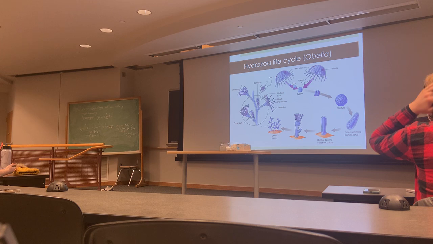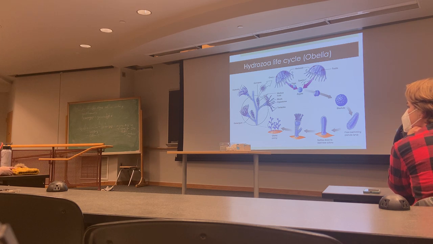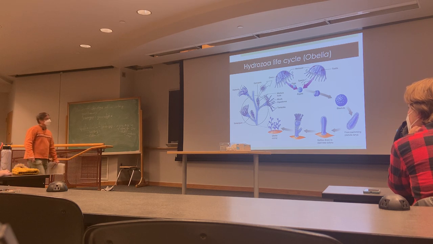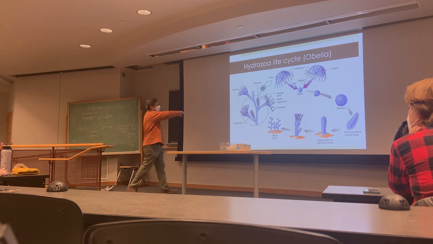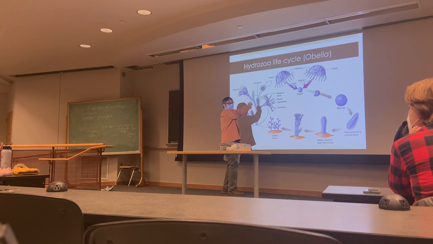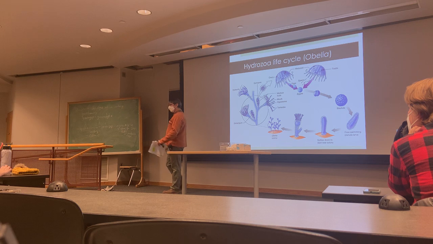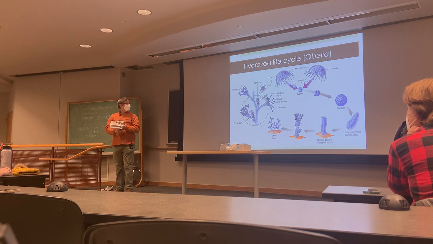Or they may be dioecious, in terms of an individual colony of polyps only producing either male or female medusae. So there's a lot of variation in the life cycle of these in terms of partitioning of male and female individuals and gametes. Remarkably diverse.